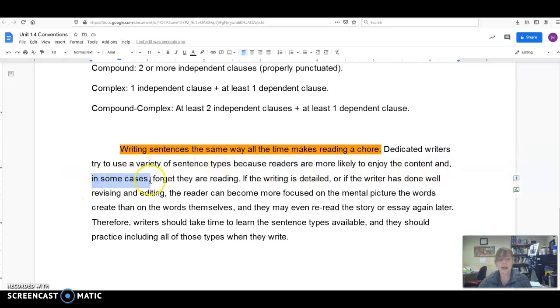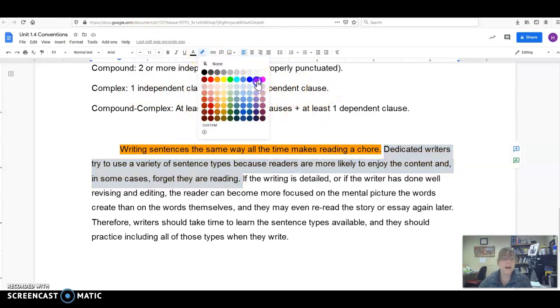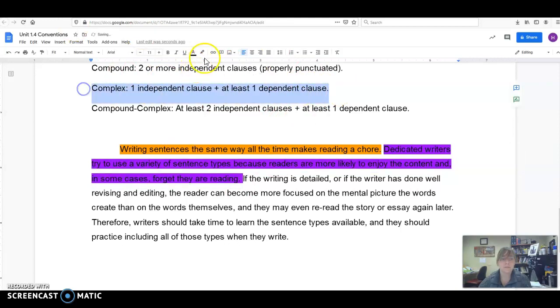Remember here that we have an aside, we have non-essential information, so this doesn't count, it's a phrase. So, readers are likely to enjoy the content and forget they are reading. We don't have another subject here, so this is a compound predicate. Then we have an independent clause and we have 1 dependent clause. This is a complex sentence.